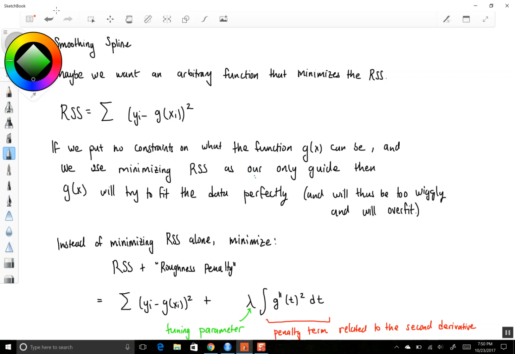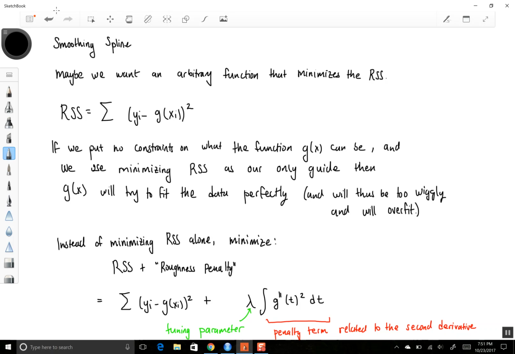If lambda were equal to 0, then there's no penalty for having a super rough line. And if you have lambda turned up to infinity, then it's going to force pretty much a quadratic shape.